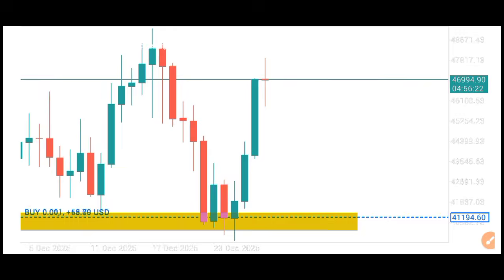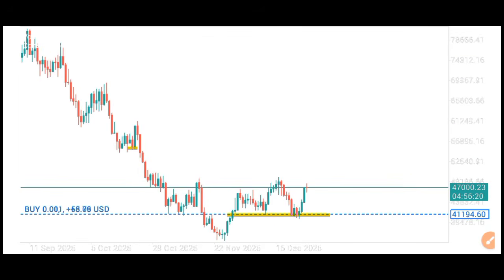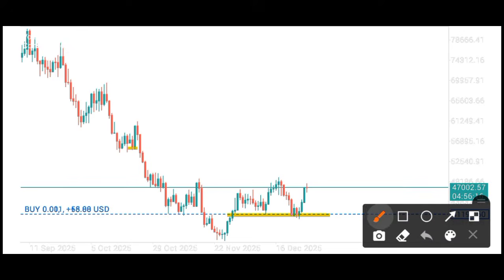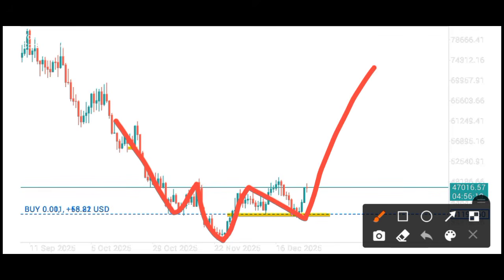But price is still going to go up, guys, because looking at this chart, I feel this is the head and shoulders. Can you see that? So I'm still going to hold on to this trade to see what happens.